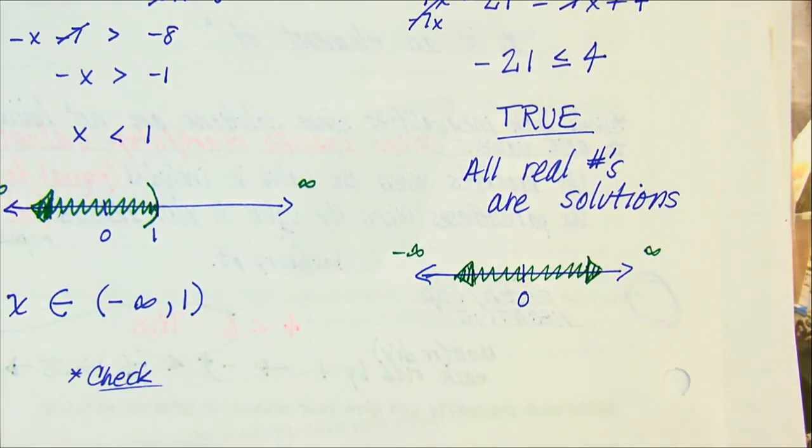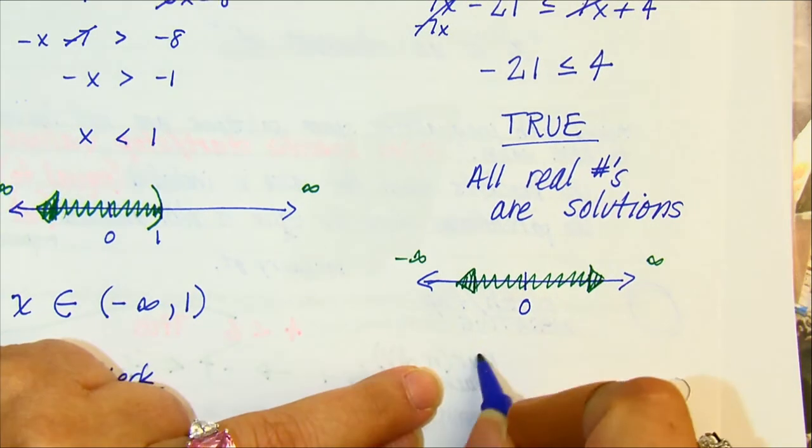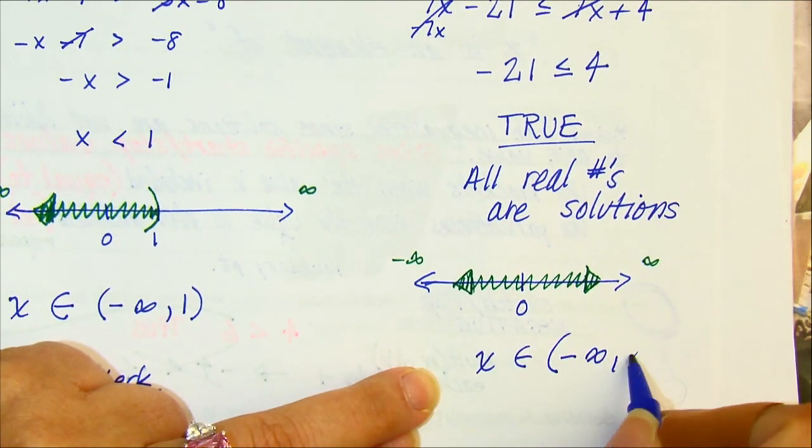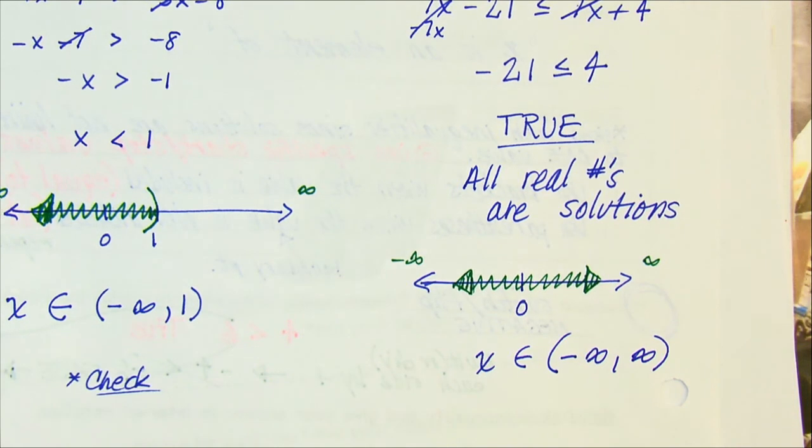There's no stopping. It's just everything. So x is an element of negative infinity to positive infinity. Any value I choose off the real number line would make that a true statement.